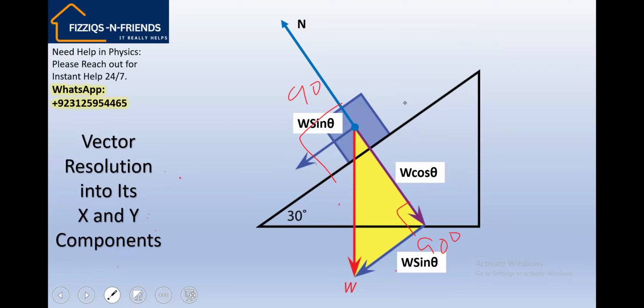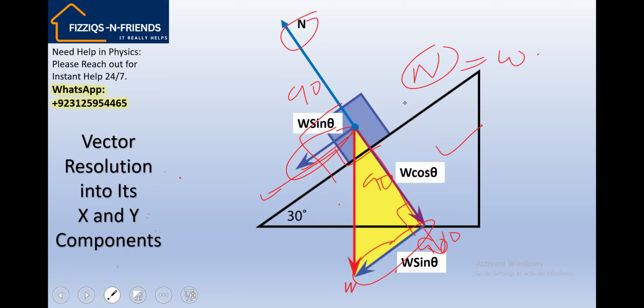So either you draw this component here or here, it makes no difference. One component has been balanced with the normal force, and the other component is responsible for bringing the block down.